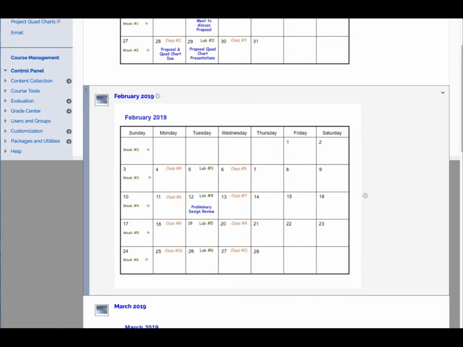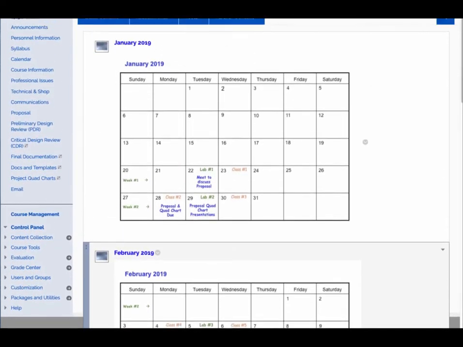Each person on the team will have something to say, and I'll talk more later in this presentation about what's to be expected in that design review. The presentation and the report, our preliminary design review report, are due by midnight on the 11th. So that's where we stand right now with that.